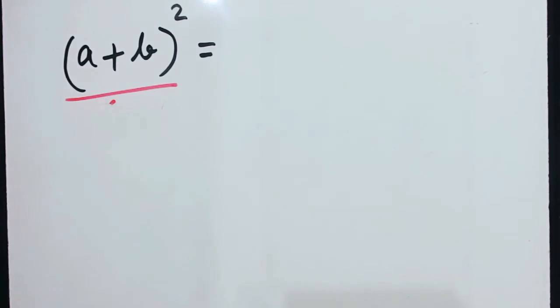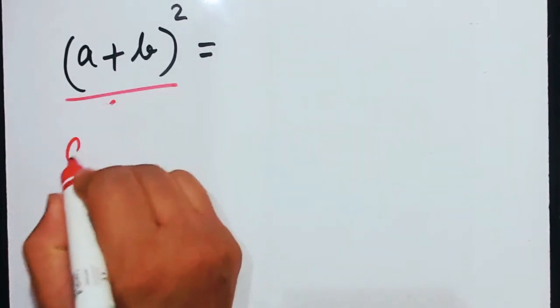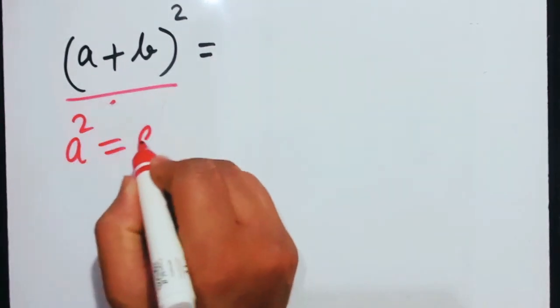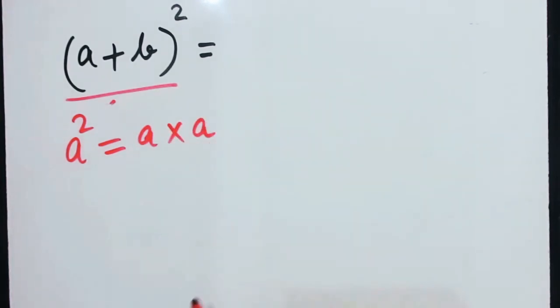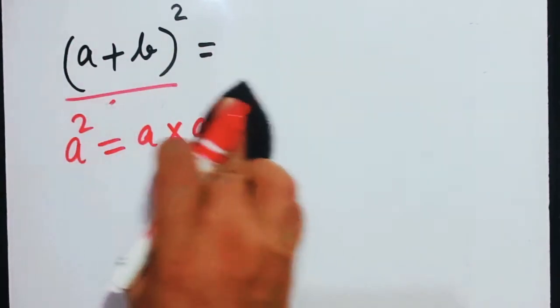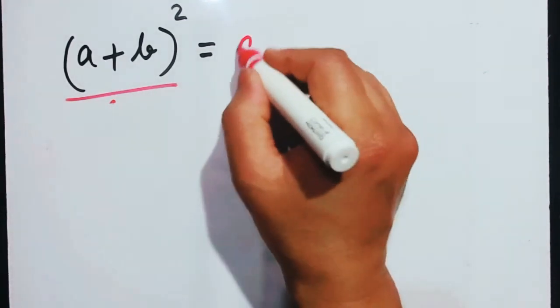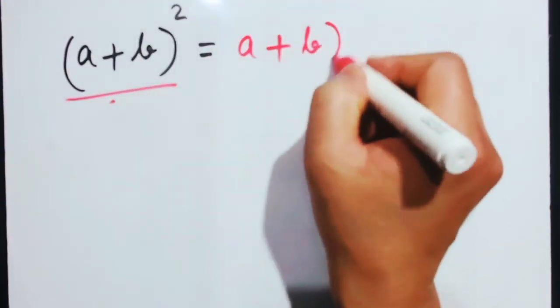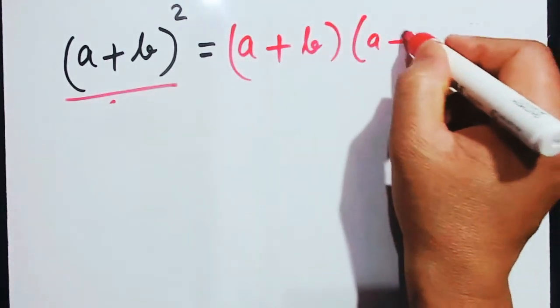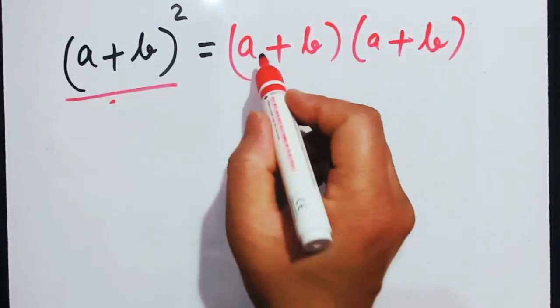Let us multiply this in linear form. So how do you write a square? You write a square as a into a. Similarly, a plus b whole square will give you a plus b multiplied by a plus b. So let us multiply.